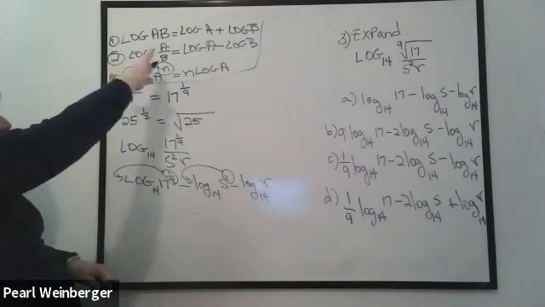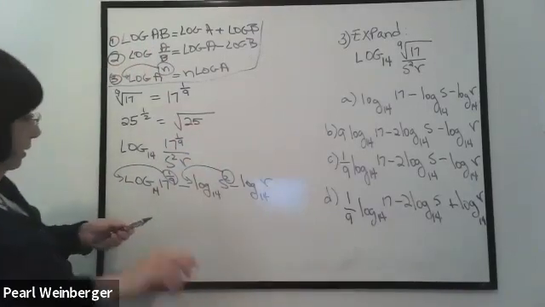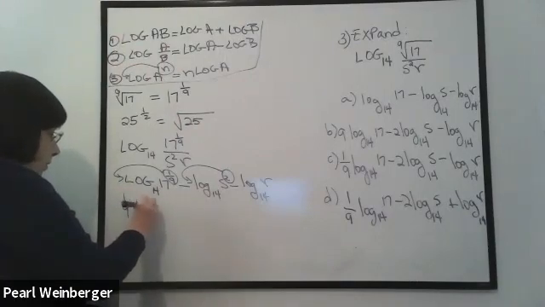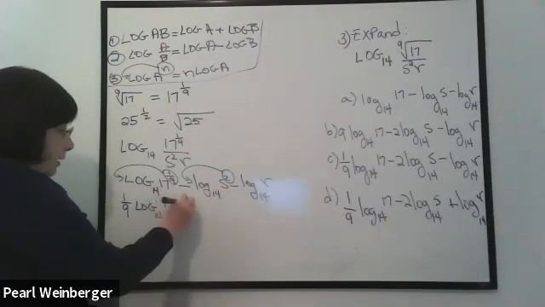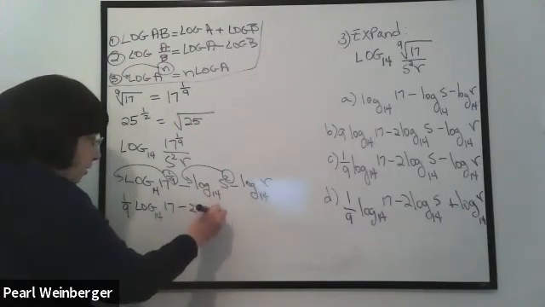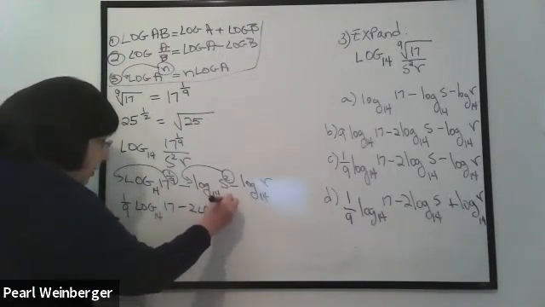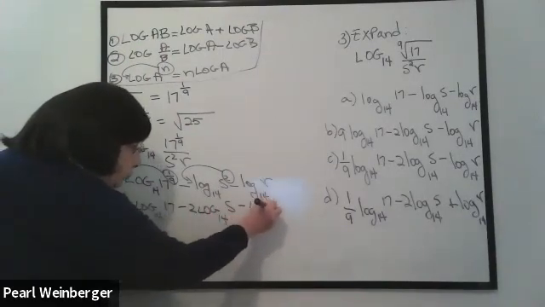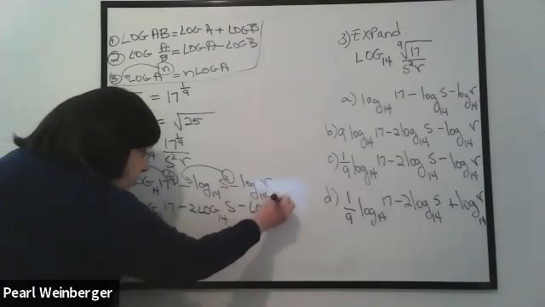Now I'm on property number 3. So this will give me 1/9 log base 14 of 17 minus 2 log base 14 of s minus log base 14 of r.